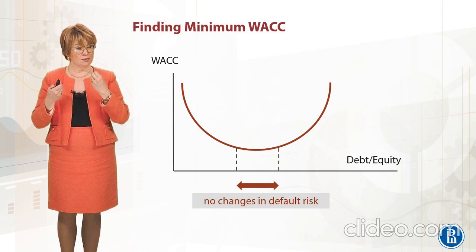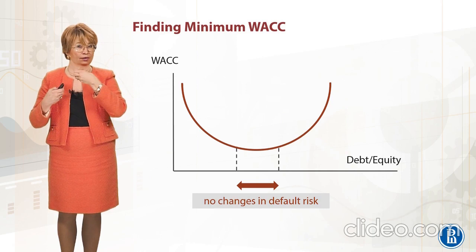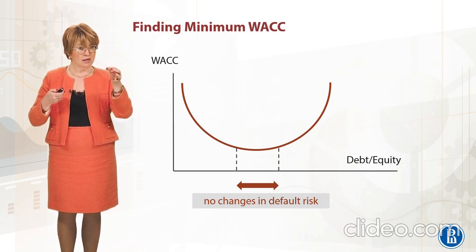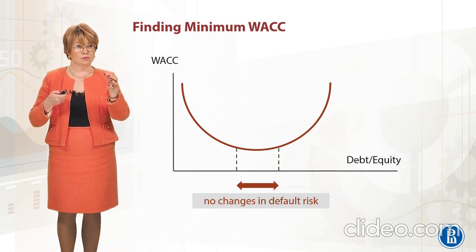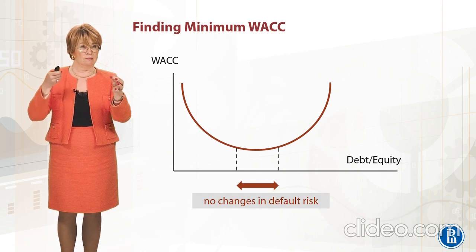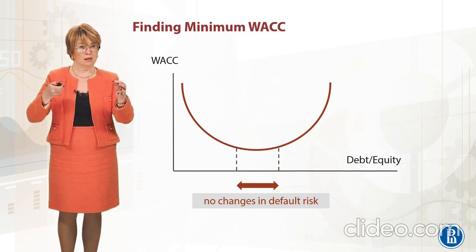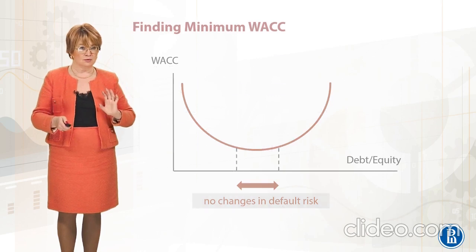Why? What was the reason? Because we want to get the maximum value of the company. So the story now resulted in the minimum value of WACC, or weighted average cost of capital. But to get the maximum value, we need to understand the assumptions behind the analysis.